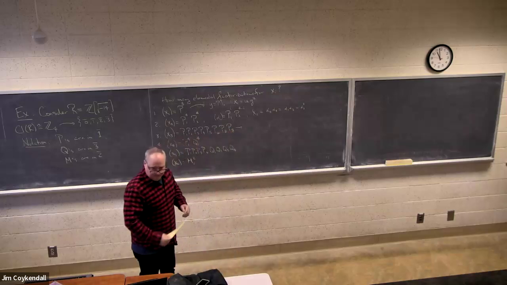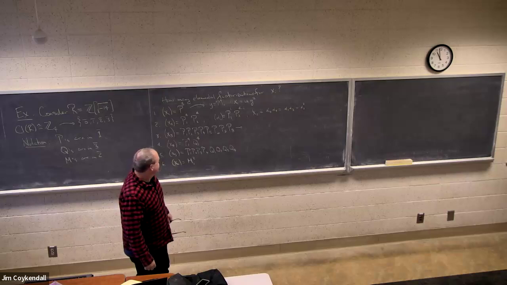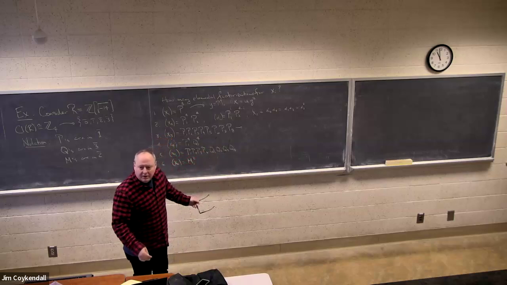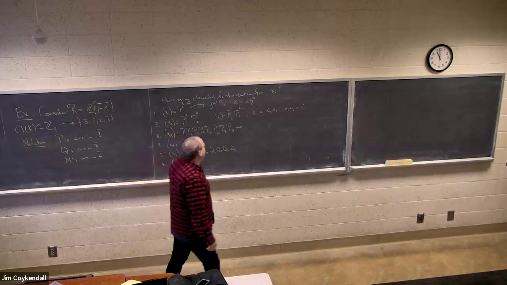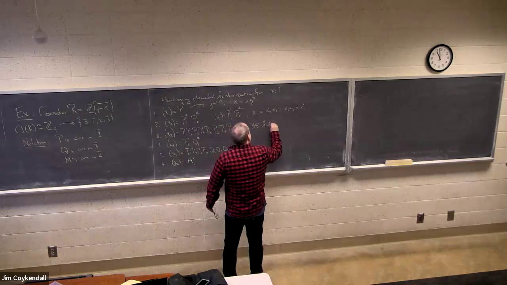How many here? I'm not going to list all of these. I'm assuming that the subscripted primes are all different, right? They're all distinct primes. There are actually 35 factorizations.